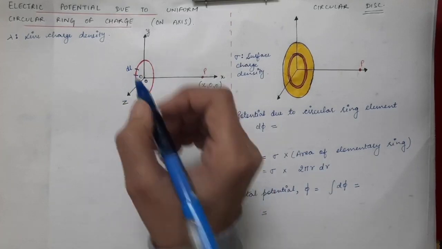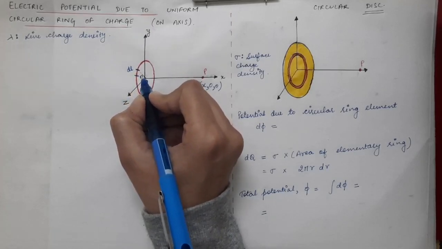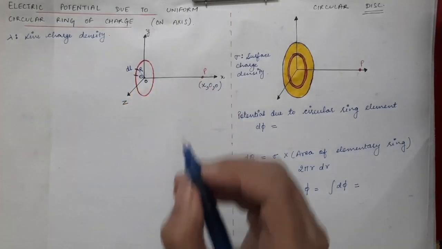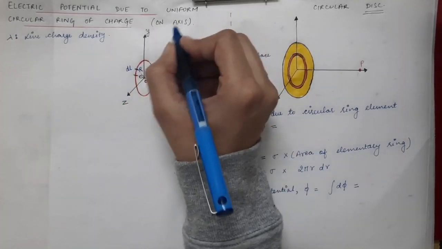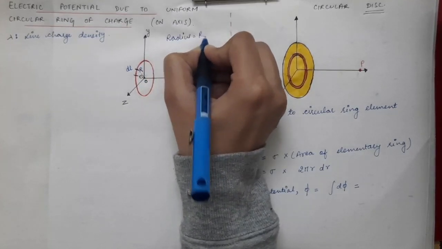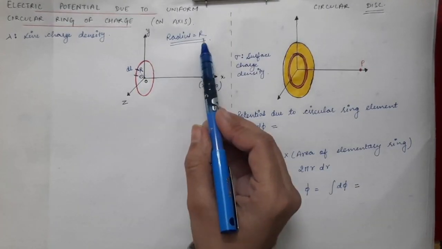And this small line element will have a distance of capital R from the origin. So we are considering that this circular ring has radius equal to capital R.